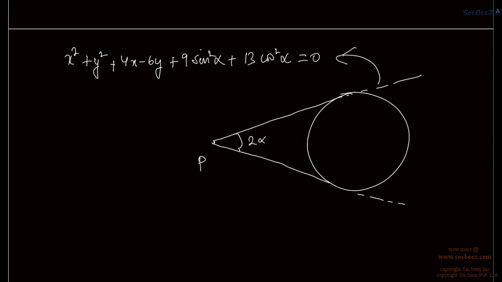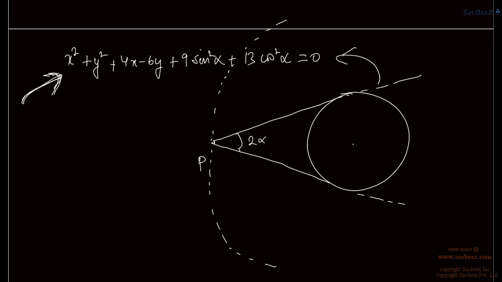So we have to find the locus of this point P. It is clear that the locus of point P is also a circle, right? Because as this angle is fixed at 2 alpha, P will be moving like this. So the locus is a circle itself with the same center as the given circle.